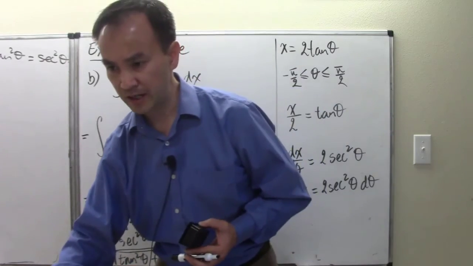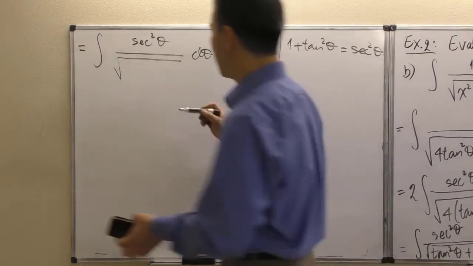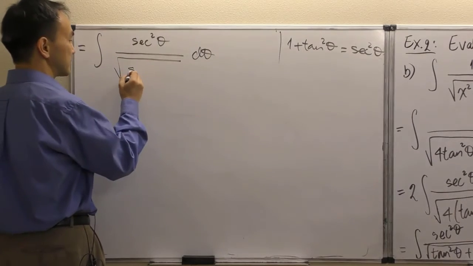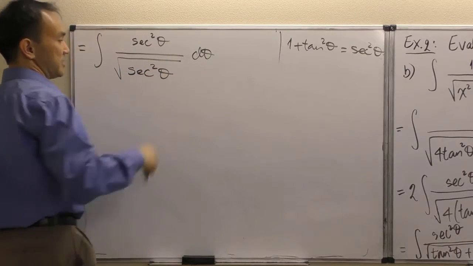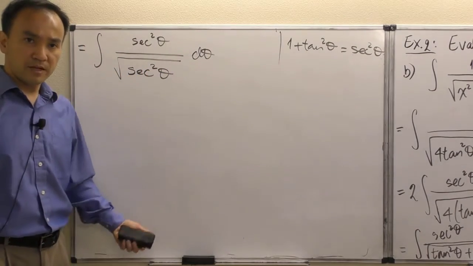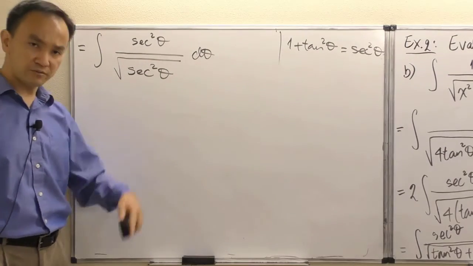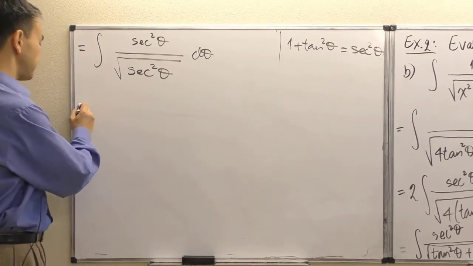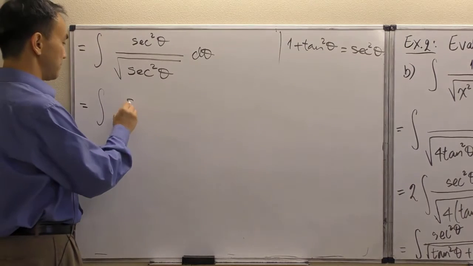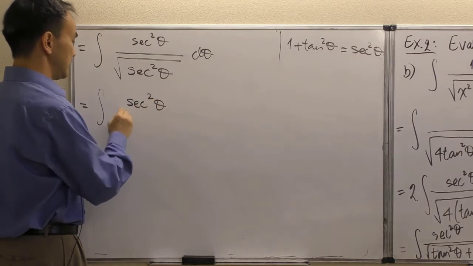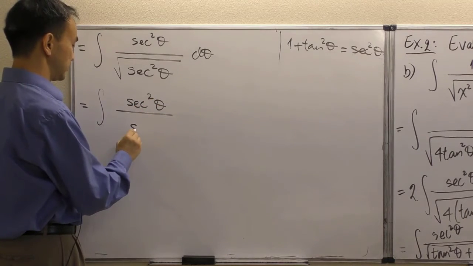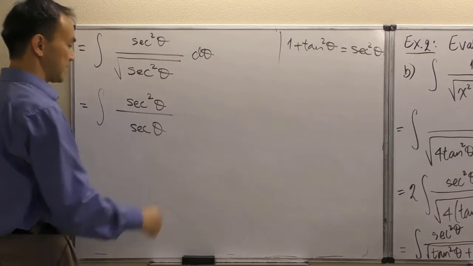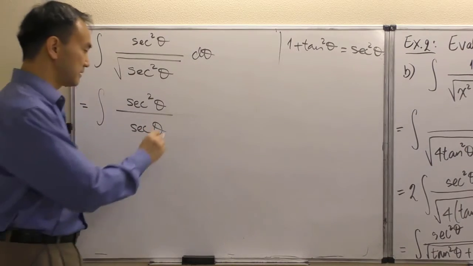So on my other board, inside of the square root, we have another secant square in here. Taking the square root of secant square theta, we get secant square theta divided by just secant of theta.